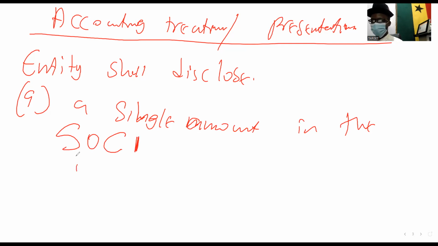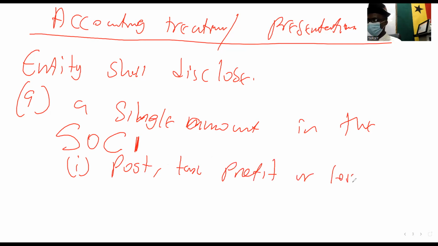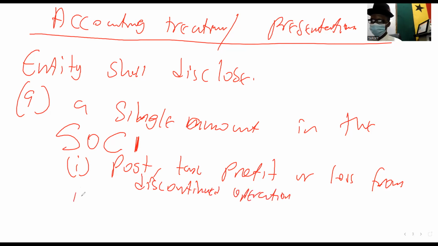That amount should comprise of one, post-tax profit or loss of discontinued operation. So post-tax profit or loss from where? Discontinued operation. So you have to disclose this as a line item.